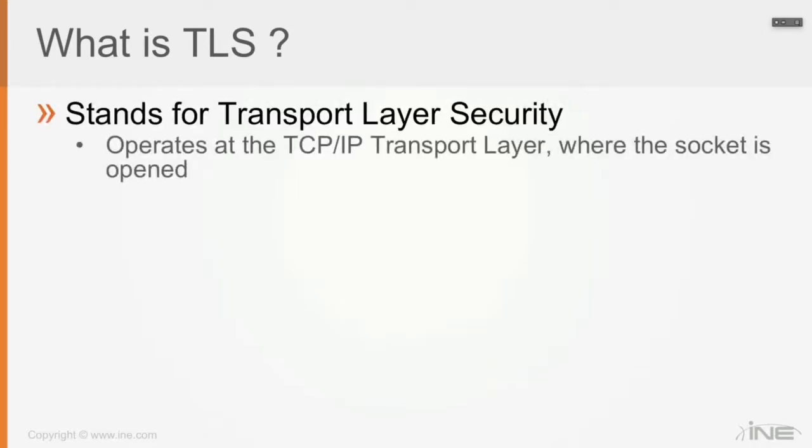Now, we have another variation of SSL which is called TLS. So let's see what TLS is. TLS stands for Transport Layer Security, which, as the name states, operates at the TCP/IP transport layer where the socket is open from the TCP/IP point of view, and it's meant to secure the transport layer.